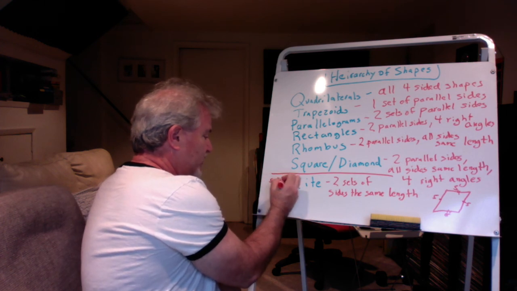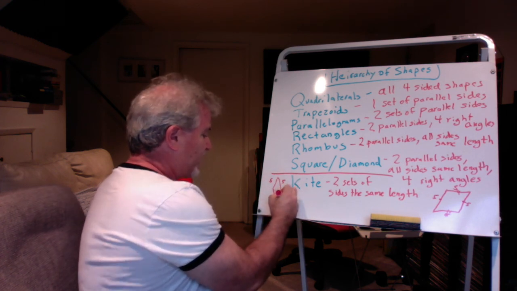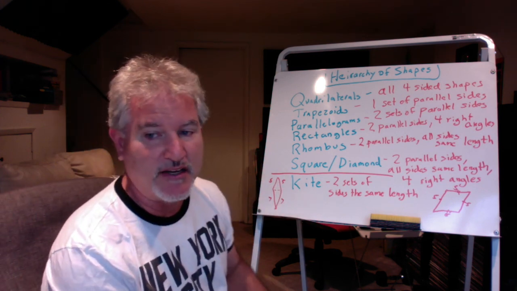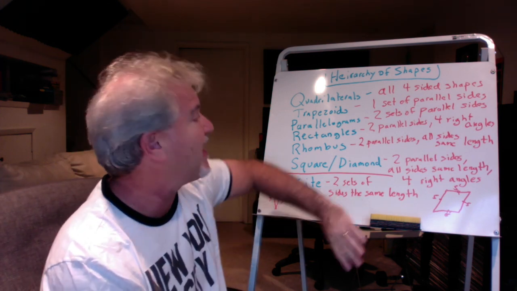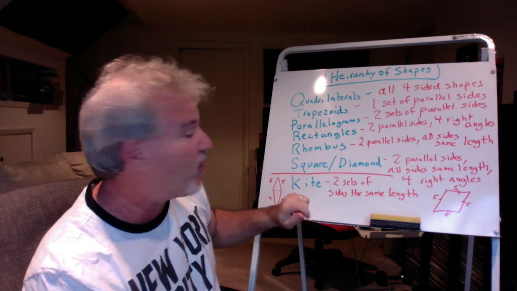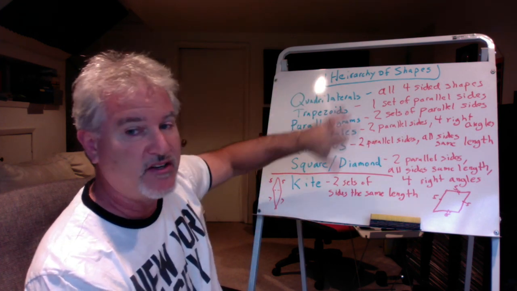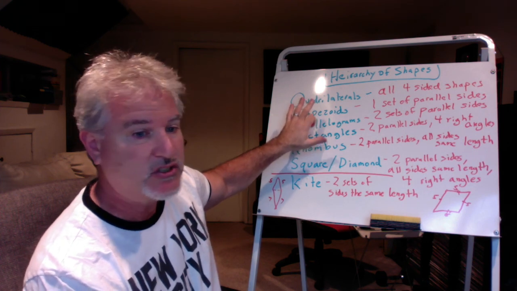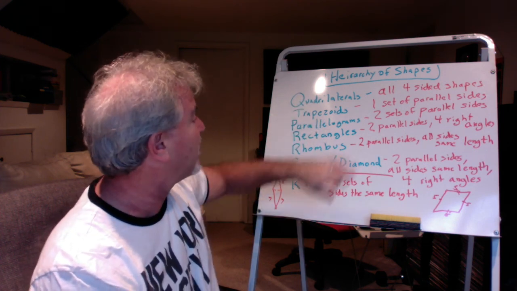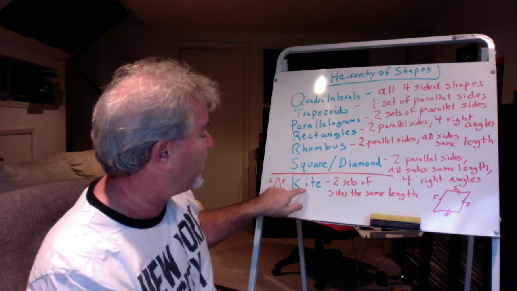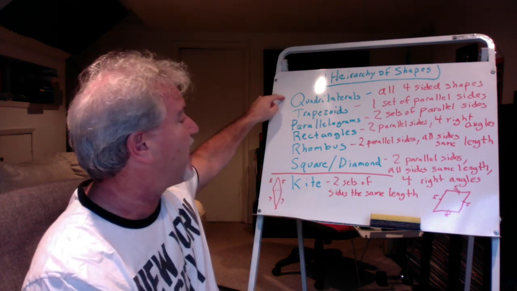So these sets of sides are the same length, and these sets of sides are the same length. The unusual thing about a kite is it has a different rule than any of the other shapes. So none of these shapes are kites at all. So if you see a question that says, are any of these shapes a kite? The answer is false.